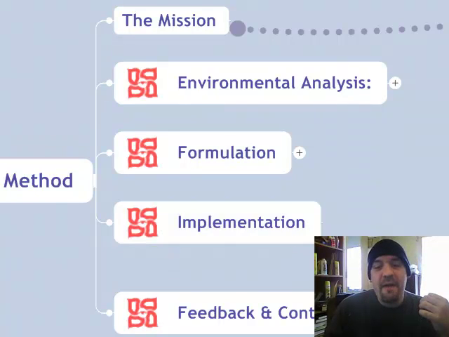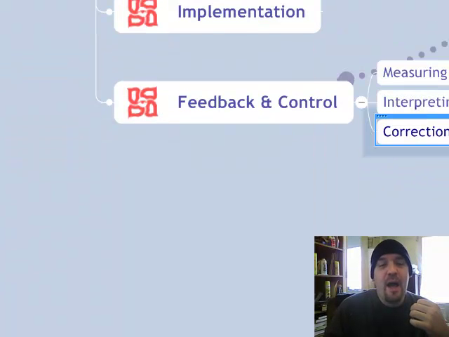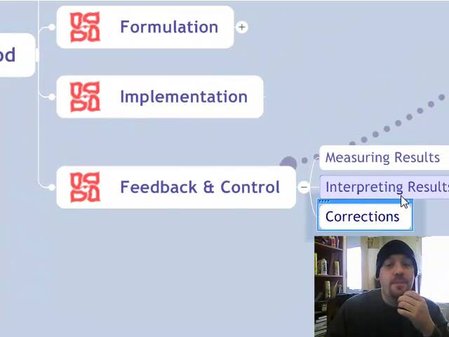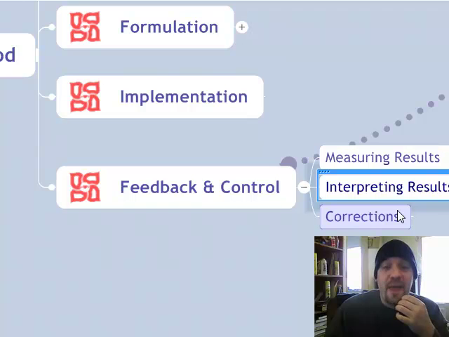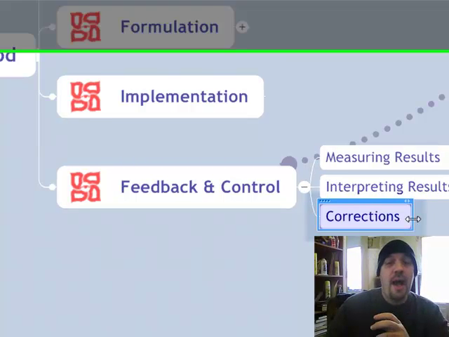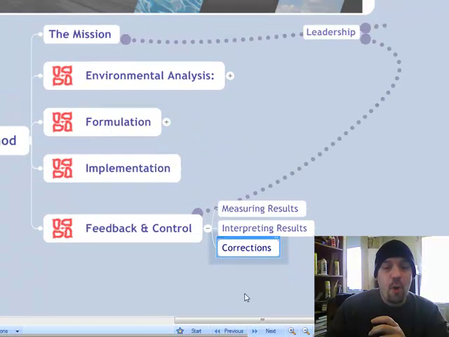After you've implemented, after you've taken action upon your strategies and tactics, you need to immediately start looking at those and whether they're providing good benefits, the benefits that you expected, or maybe less than good benefits. You need to be able to interpret that data, and then you need to be able to start doing some course correction.